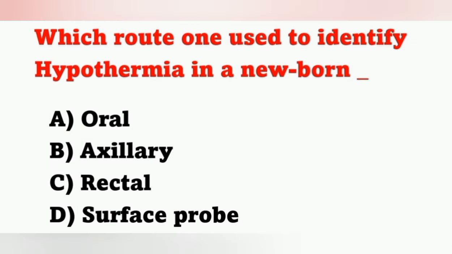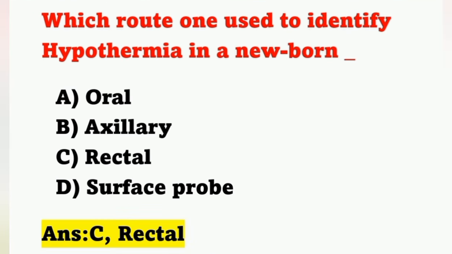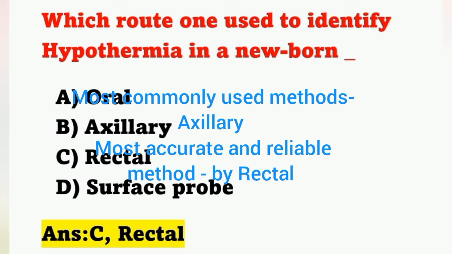And the next question: which route is used to identify hypothermia in a newborn? Options: option A, oral, option B, axillary, option C, rectal, and option D, surface probe. The correct answer is option C, rectal. Hypothermia means temperature will be below normal. Hypothermia in a newborn is mostly identified by taking temperature using the rectal method.